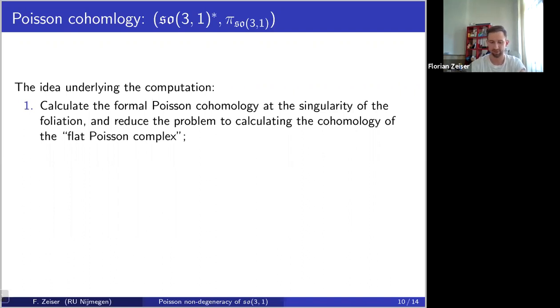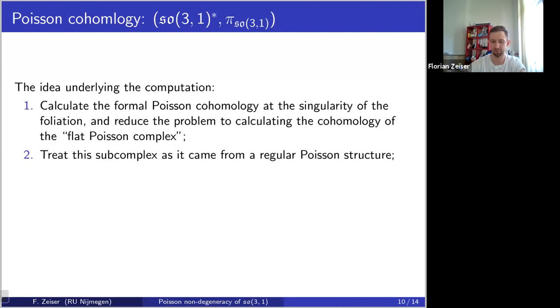Now what we have is multivector fields which are flat at 0, and on so(3)* the only singularity of the foliation is precisely at the origin. So basically we have multivector fields which are flat exactly at the singularity of the foliation, and that allows us to treat the subcomplex as if it came from a regular Poisson structure.